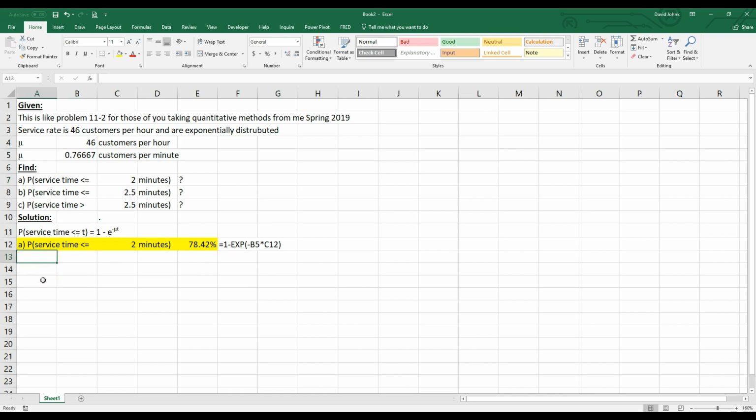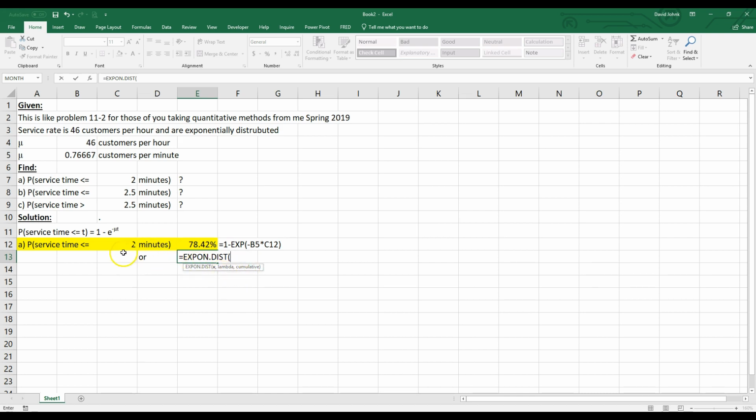Okay. Another way you could do it, I could use Excel's EXPON.DIST function directly. Equals EXPON.DIST, and see where it says exponential distribution. It asks for x, lambda, and cumulative. Well, x is like your t, lambda is like your mu, and cumulative is always going to be yes.